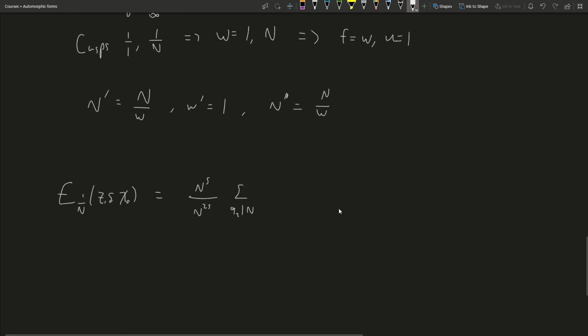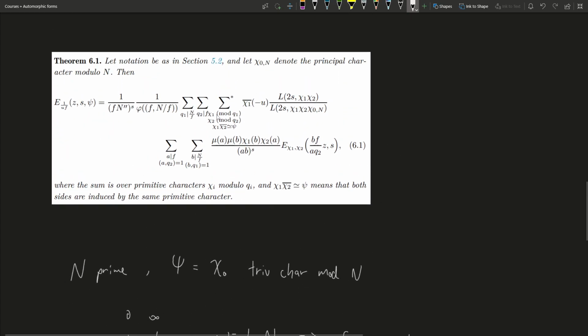And then we have a sum marked with an asterisk of chi1, chi2, and the assumptions on chi1 and chi2 are that chi1 has to be primitive mod q1. Well, q1 was 1, so chi1 is just a trivial character.